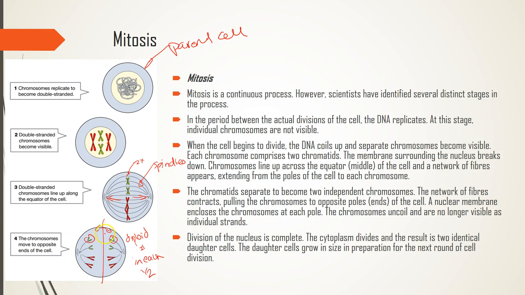And then the new cell membrane forms, and we end up with 2 daughter cells that are the same as the parent. Okay, so because we doubled the DNA at the start here, when we divide it in 2, we end up with a normal 2n amount of DNA.